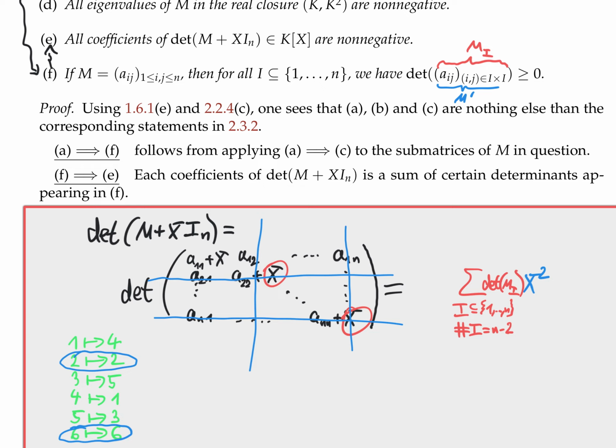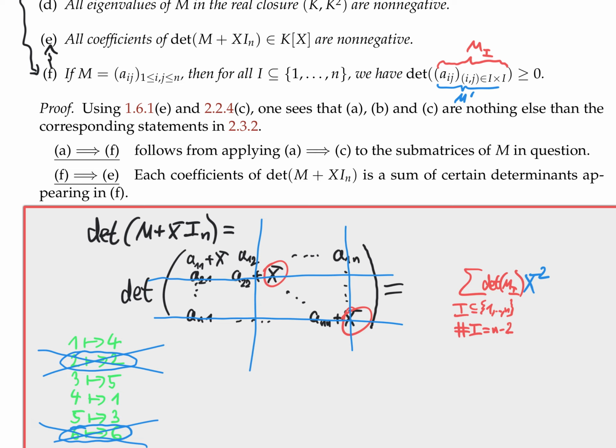And now the sign of a permutation is 1 if it's a product of an even number of transpositions, and it's -1 otherwise, if it's a product of an odd number of transpositions, right? And you see, since 2 and 6 are fixed, if I want to write this as a product of transpositions, I don't need to involve 2 and 6 in these transpositions, right?